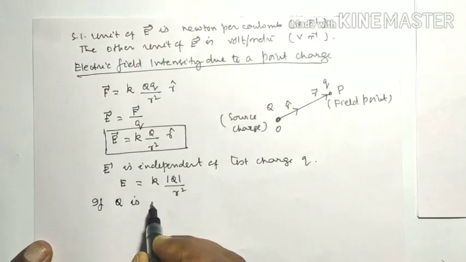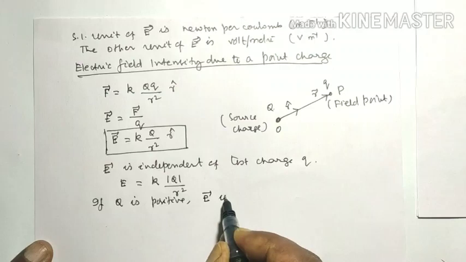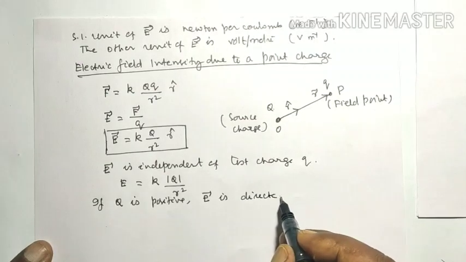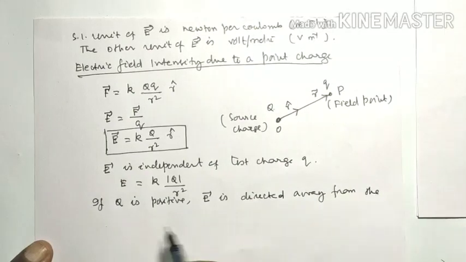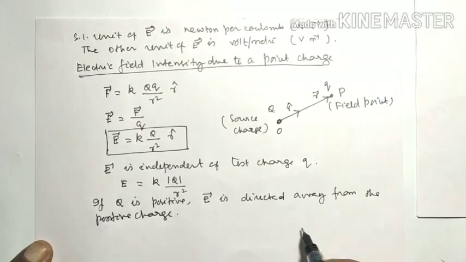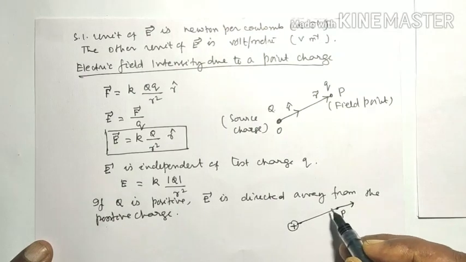If Q is positive, source charge is positive, then E is directed away from the positive charge. That is, suppose this is your positive source charge and this is the point P, then electric field is directed away from this positive charge.